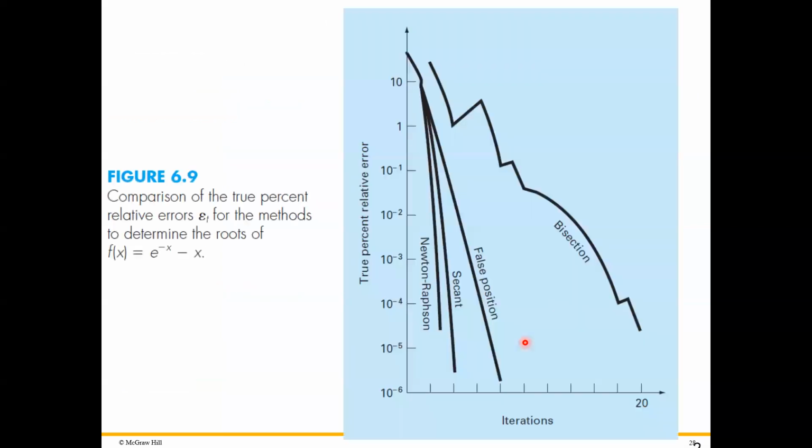Okay, so with this in mind, let's see one of the graphs for the comparison of the different methods. Earlier we have seen that in the bisection method, the true percentage relative error decreases, then increases a bit, then decreases, and then increases a bit.